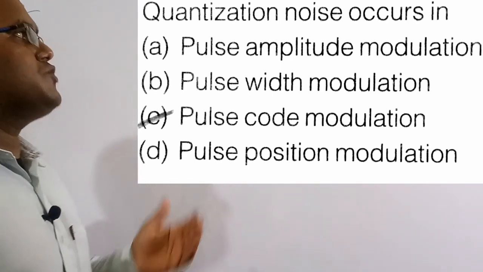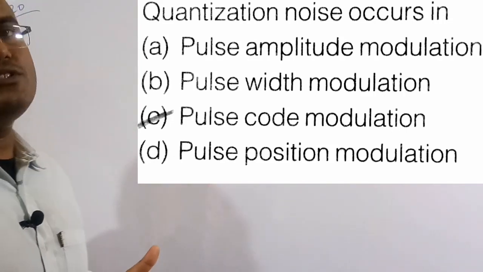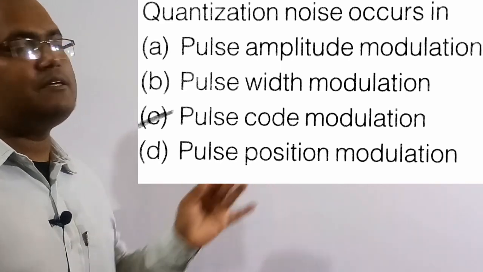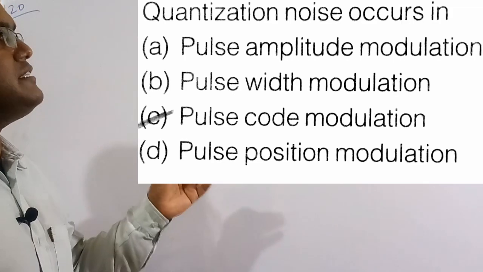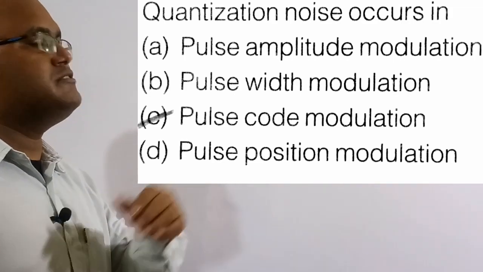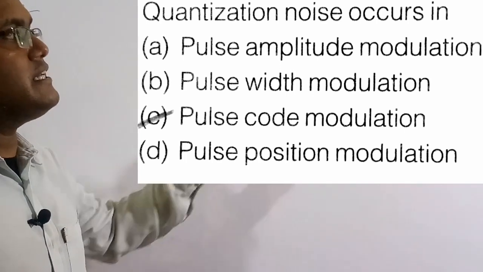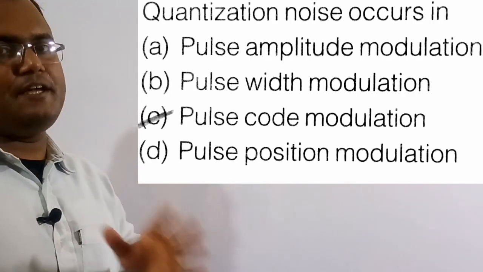So we are going to convert the infinite number of amplitudes into a fixed number of amplitudes by using the quantizer. So because of the quantizer in the PCM circuit only, we are going to get this quantization noise. This quantizer is present in the PCM transmitter, so the quantization error is present in pulse code modulation, which is a digital modulation scheme.